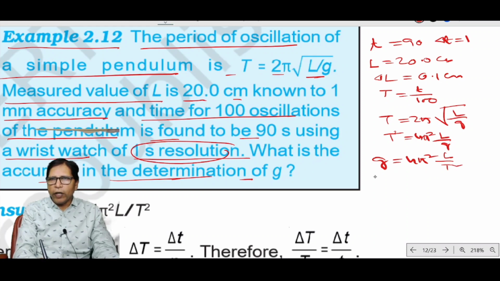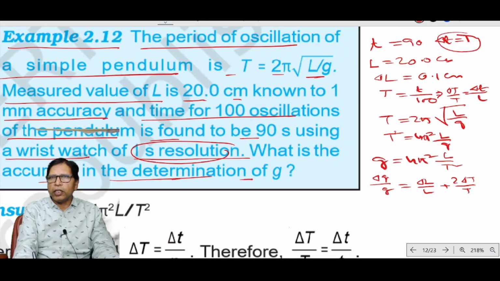Now delta g by g equals delta L by L plus 2 delta T by T. Here delta T by T equals delta small t by t. Delta t is 1 second at t equal to 90 seconds, so this is 1 by 90.